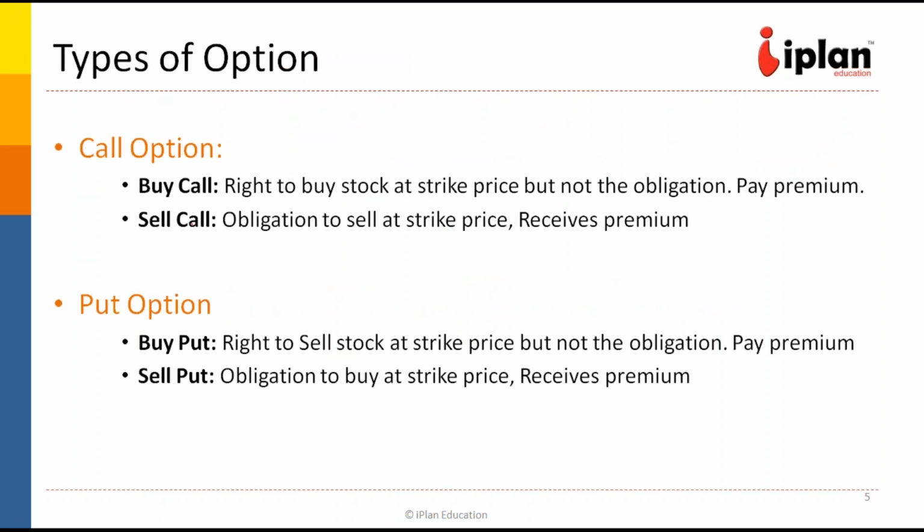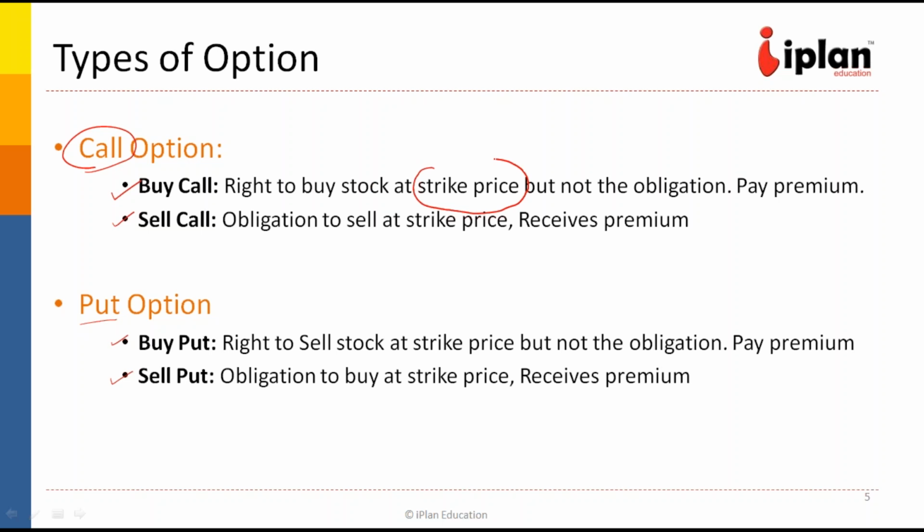There are broadly two types of option contracts. We have call options, which we can buy and which we can sell. And then we have put options, which we can buy and which we can sell. The buyer of the call option has the right to buy stocks at the strike price.